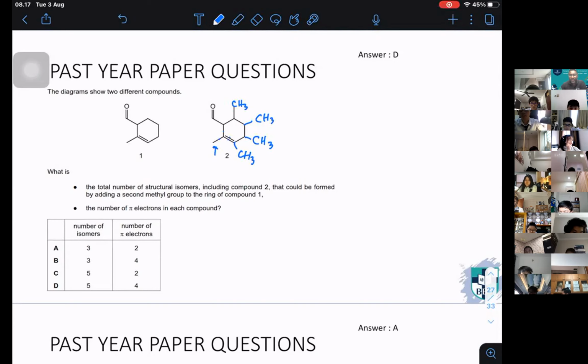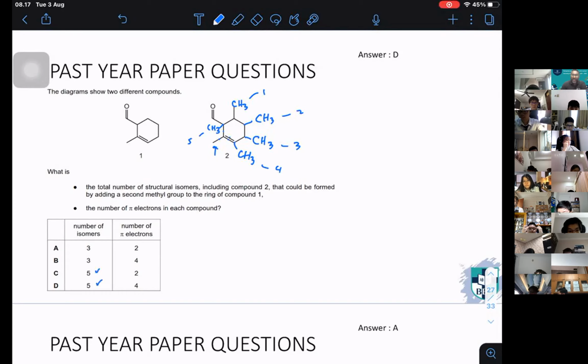When I put the CH3, it's going to be a substitution. I'm substituting the hydrogen. So I cannot put it at that place, but I have one hydrogen here. I can substitute that with CH3 here. So how many places can I substitute to give a different product, a different isomer? I have 1, 2, 3, 4, 5. So that's why the answer is 5.